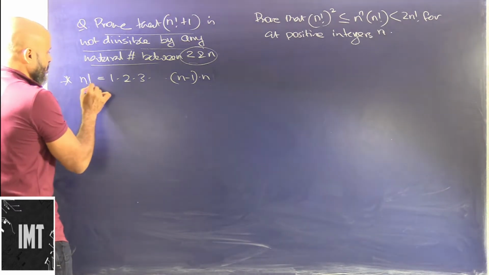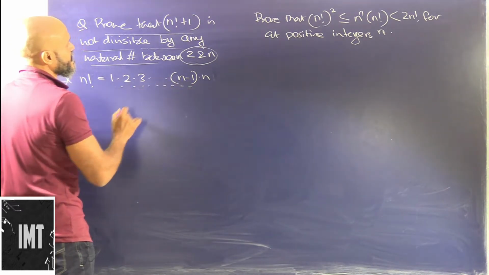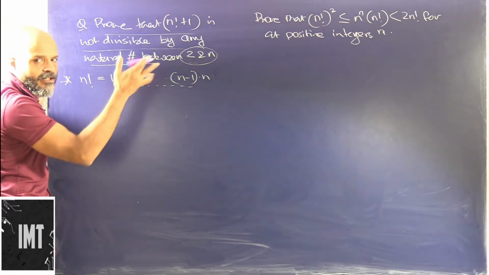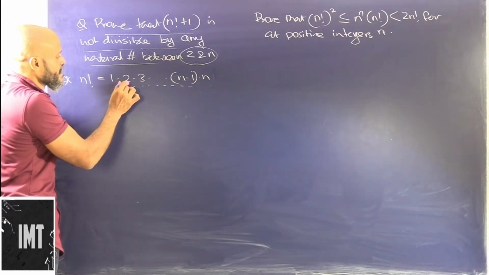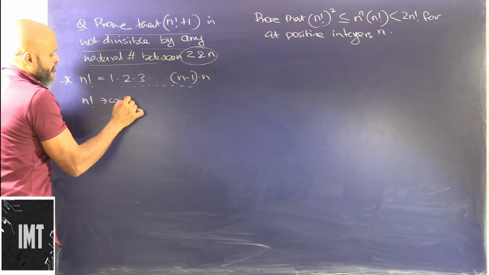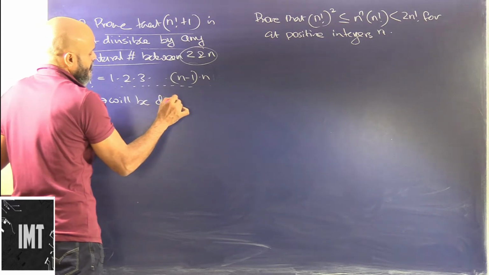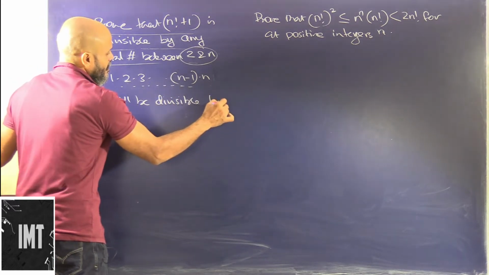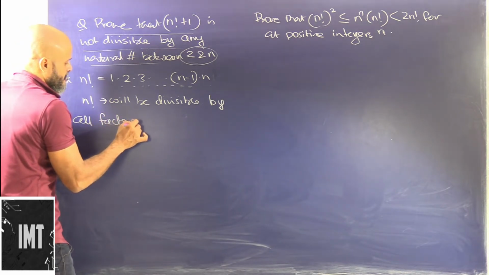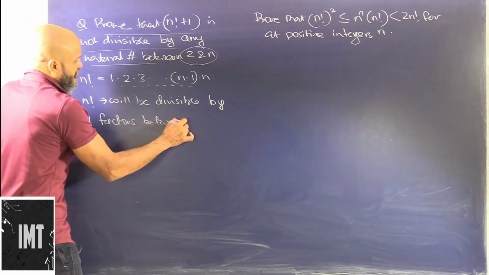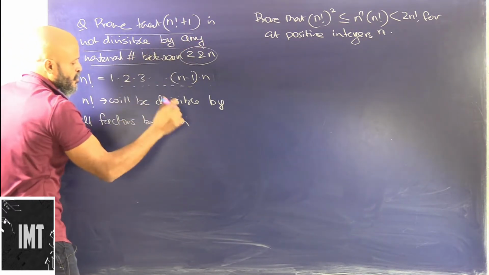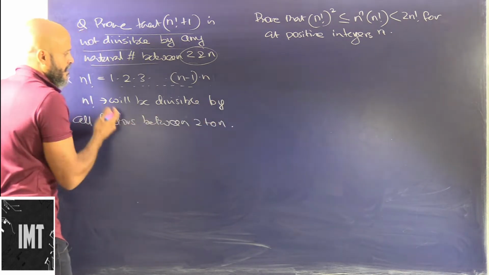Now if I happen to divide this factorial n by any of these factors, it will be divisible. Of course 1 is out of the question, but between 2 to n, factorial n will be divisible by all factors between 2 to n, it is very obvious.